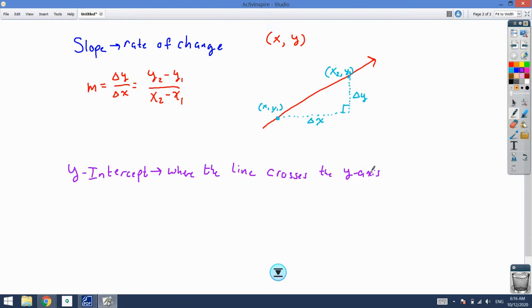And I'm just going over this quickly just because you know what a y-axis is and what an x-axis is. And your y-intercept is just that point right there, known colloquially as lowercase b.